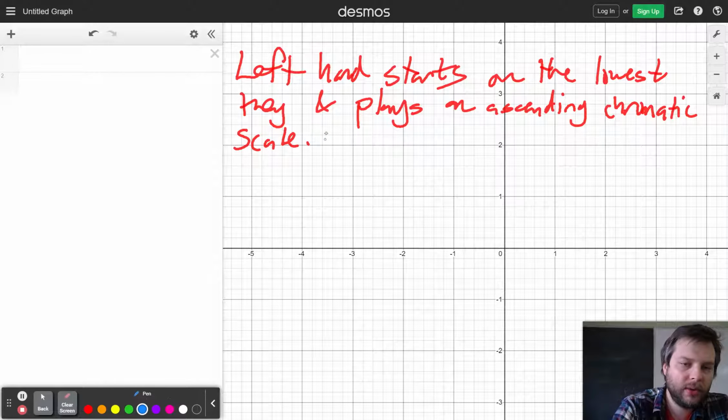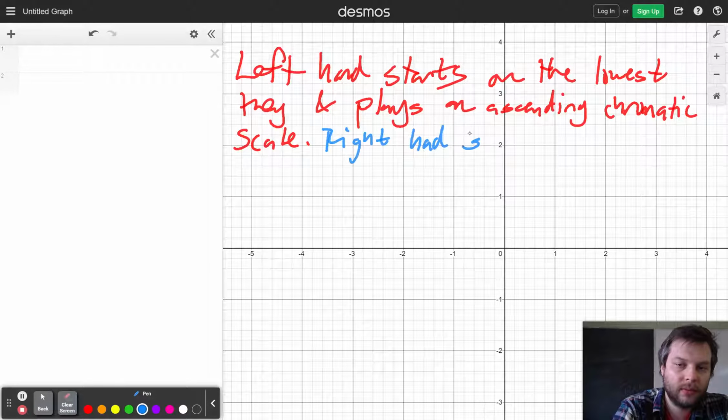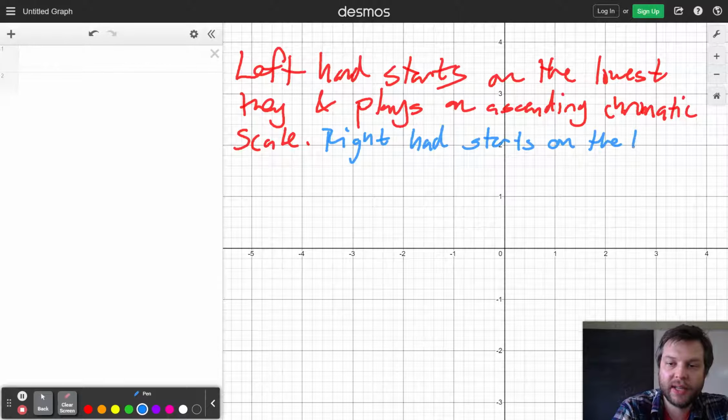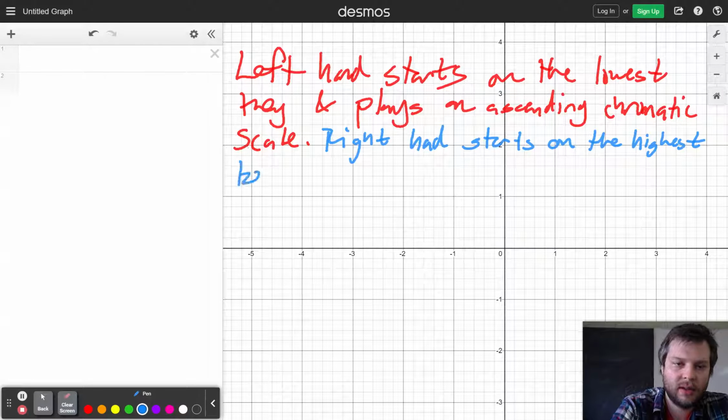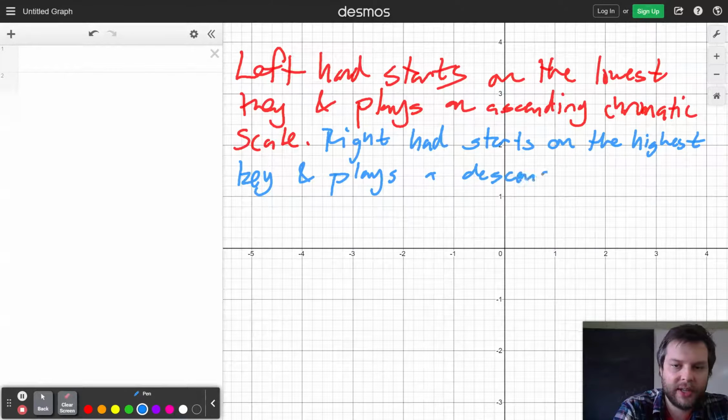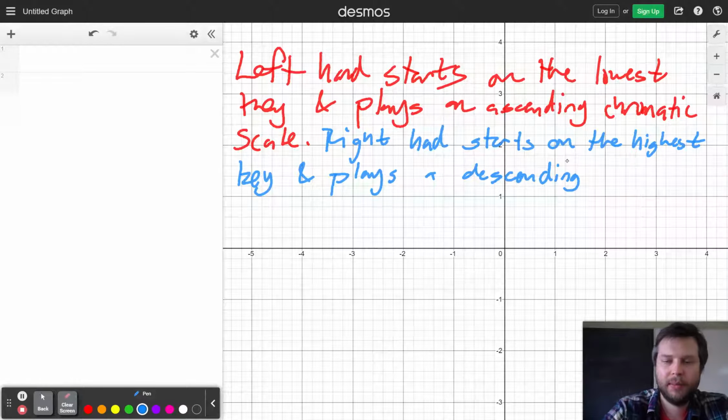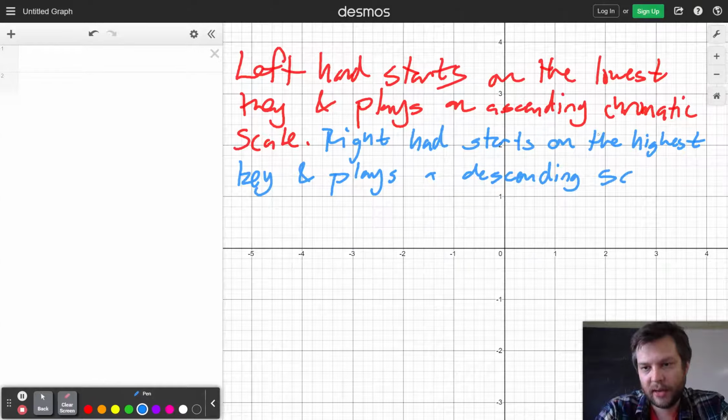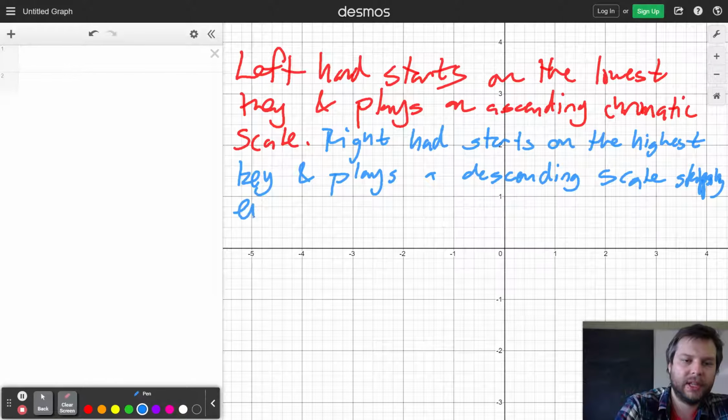And then let's say that your right hand starts on the highest key, which is a C, and plays a descending, and let's not do a chromatic scale, that's not super interesting. Maybe a descending scale, skipping every other key.